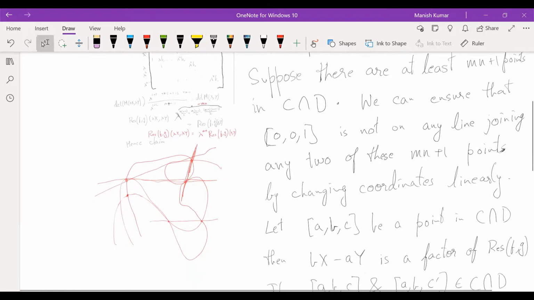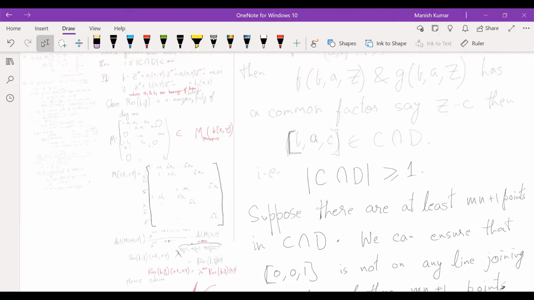So we can ensure that 0, 0, 1 is not on any line joining any 2 of these mn plus 1 points, by changing coordinates linearly. In the new coordinates, f and g will again look like monic polynomials, so all this theory goes through.